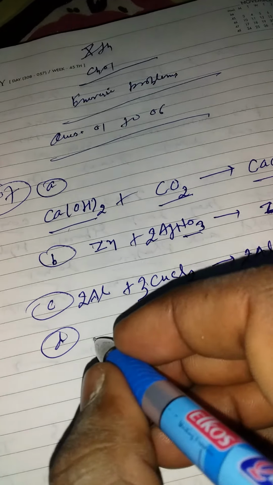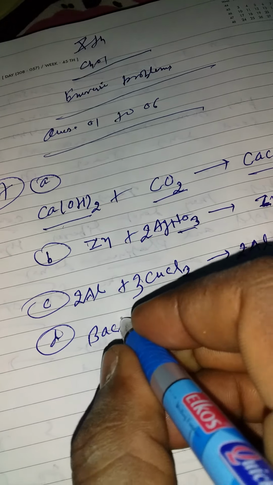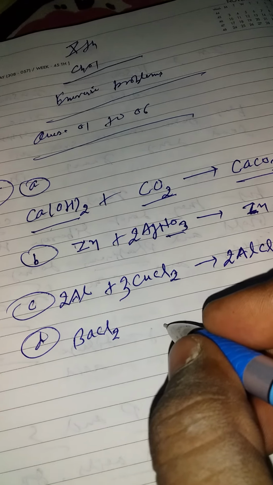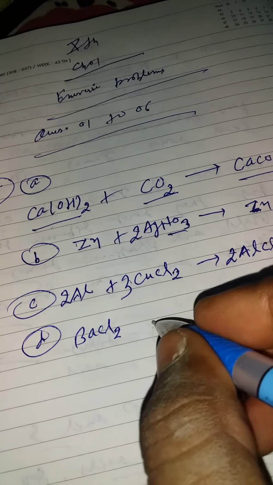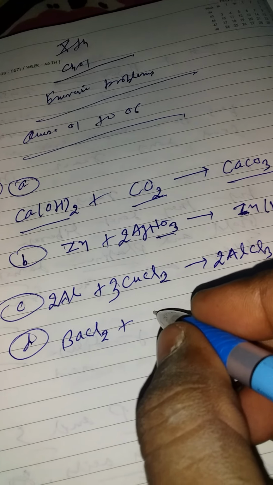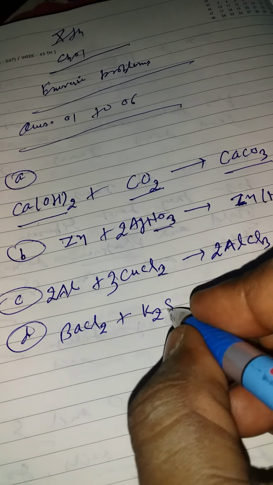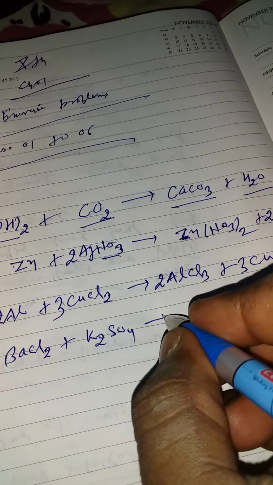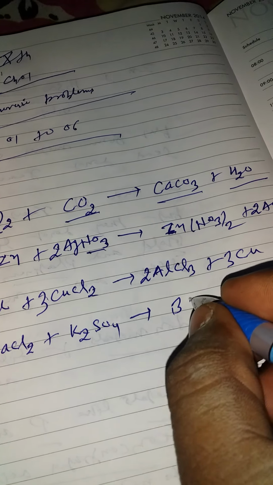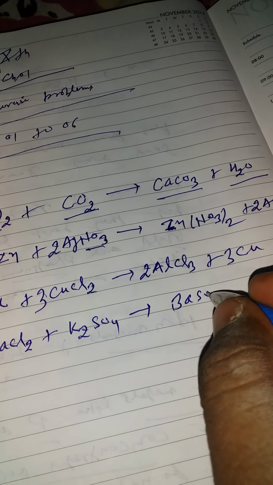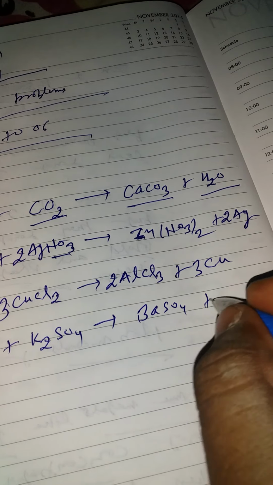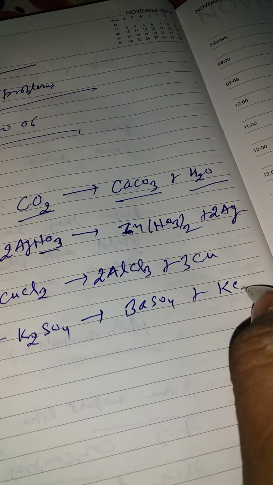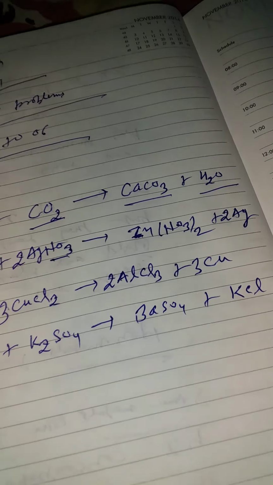Barium chloride, BaCl2, the formula of barium chloride, reacts with potassium sulfate, K2SO4. Potassium sulfate, it forms barium sulfate, BaSO4, and potassium chloride, formula KCl.